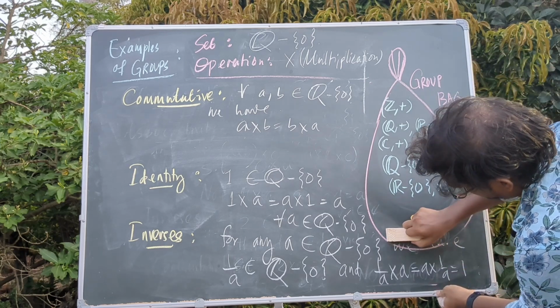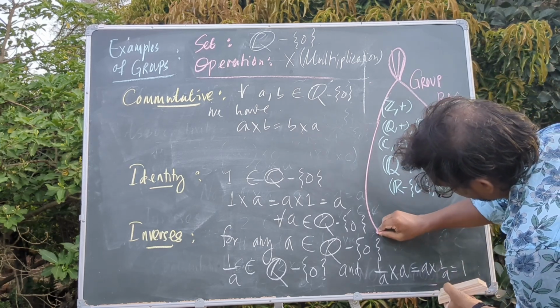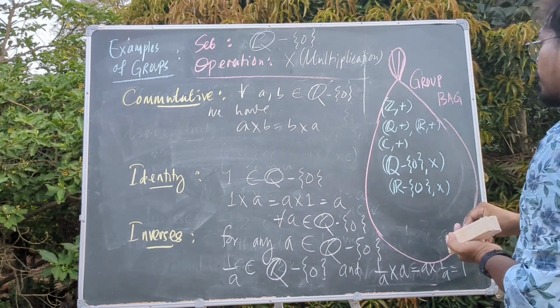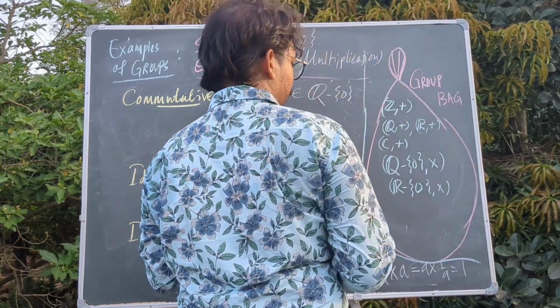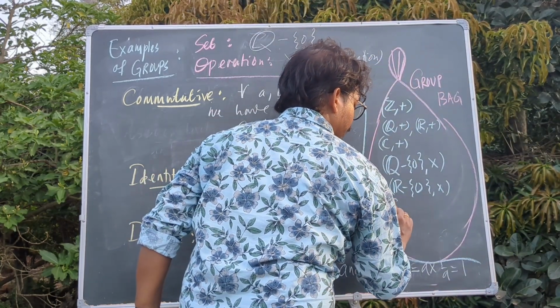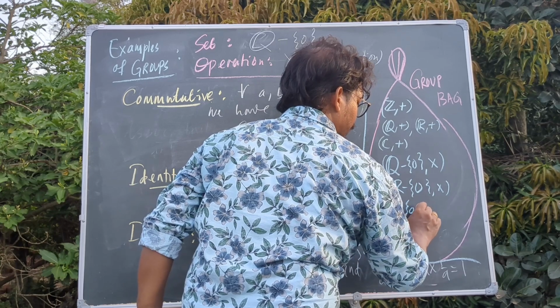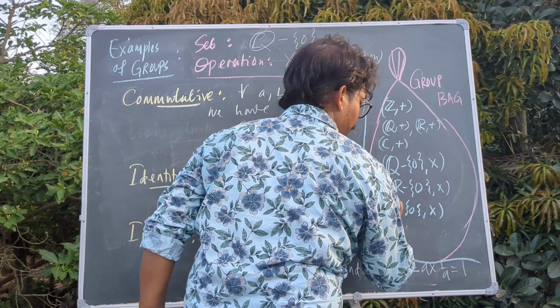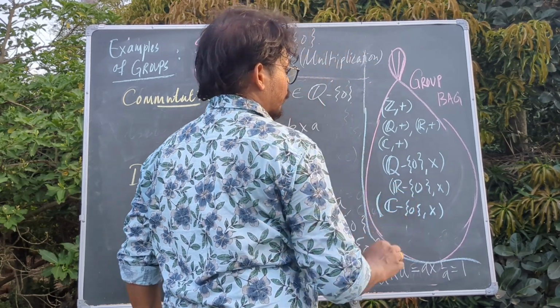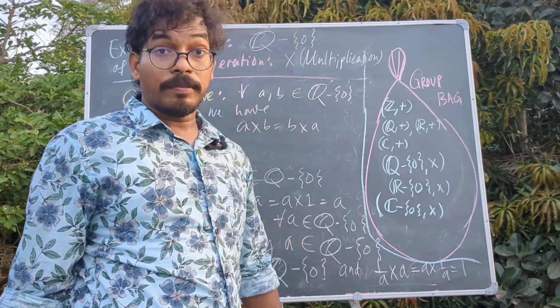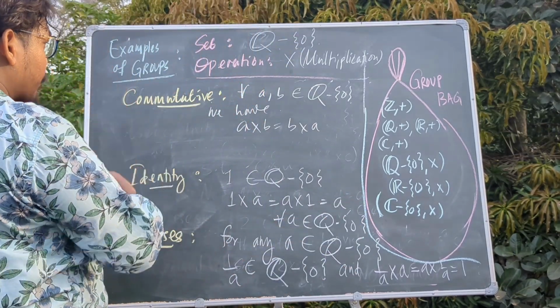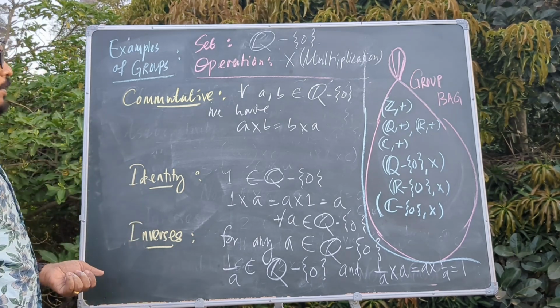We have this group bag, and we have the set of non-zero complex numbers under the operation multiplication, also an abelian group. Let me erase it.